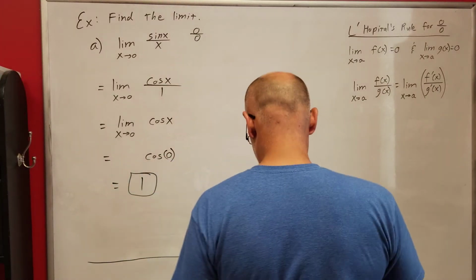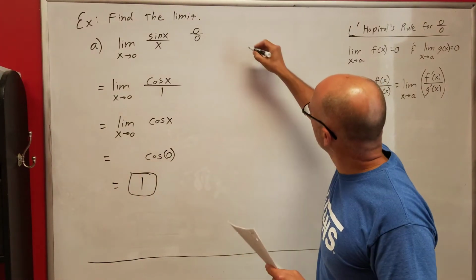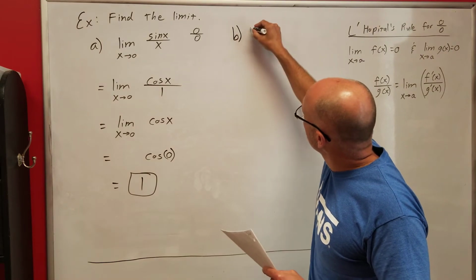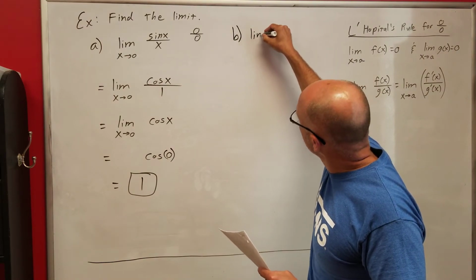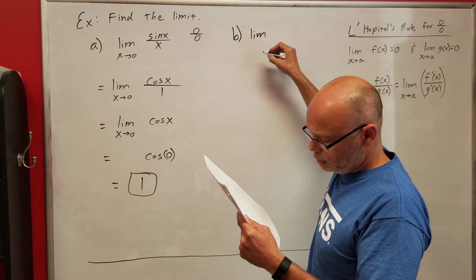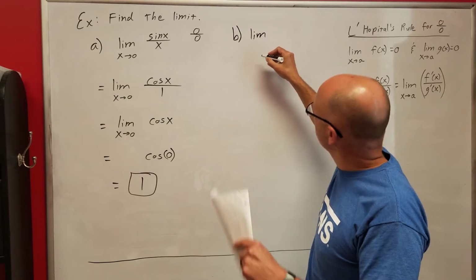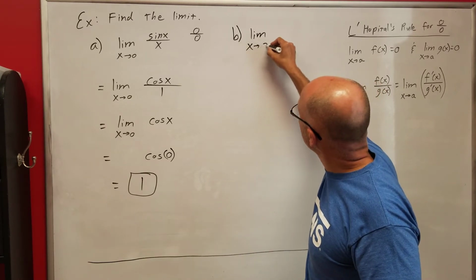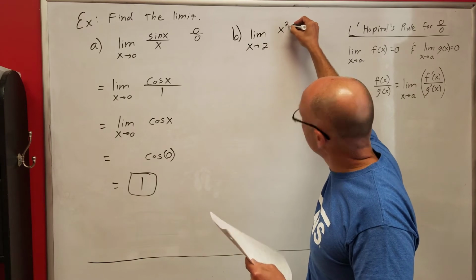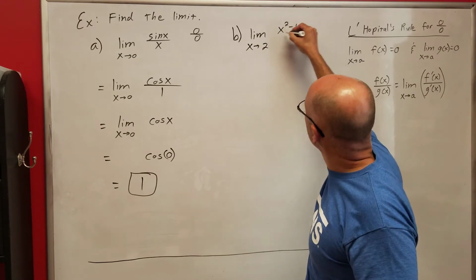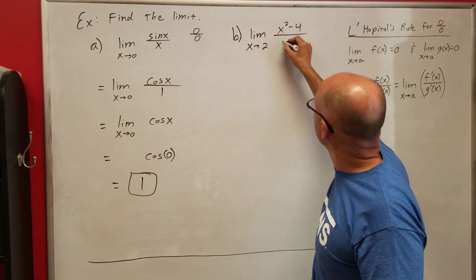How about B? Let's look at what we had on the board just a minute ago. The limit as x approaches 2 of x squared minus 4 over x minus 2.